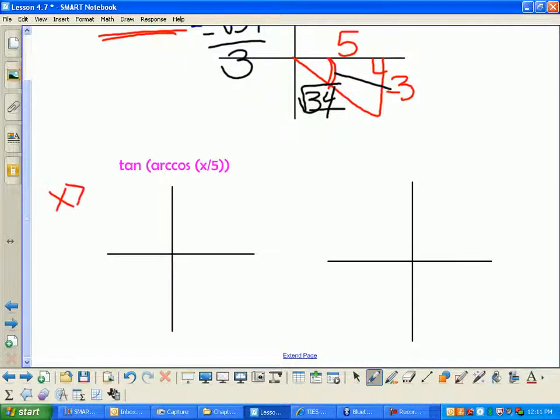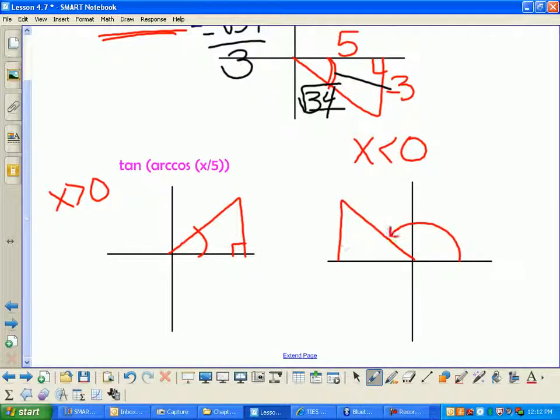If x is positive, then this cosine value will be positive, and then we have this scenario. If x happened to be a negative number, like x could be negative 3, then I would be doing cosine of negative 3/5, and in that case I would get this scenario right here. So I have to account for both of them.